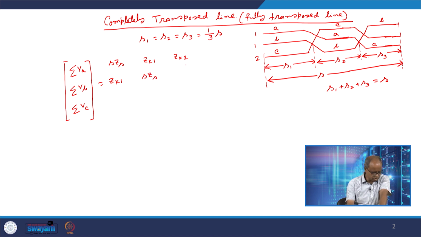These we have already derived, so we are again just simply recollecting them.